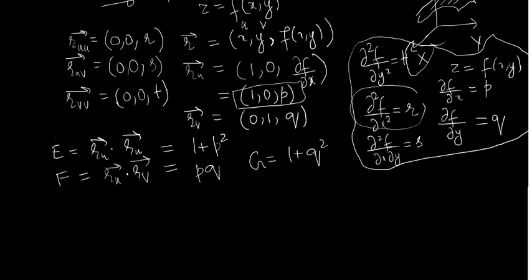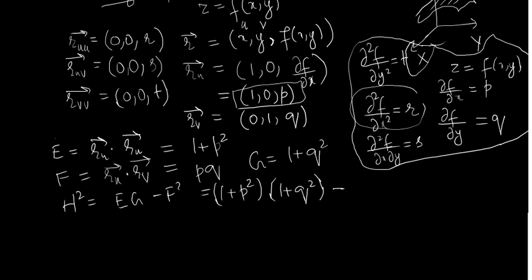And similarly, if you take H square, which is nothing but EG minus F square, you already have EG, then you have minus F square, so it will be 1 plus p square into 1 plus q square minus pq whole square. And if you simplify it, that is just 1 plus p square plus q square in terms of these symbols p, q, r, s, t.